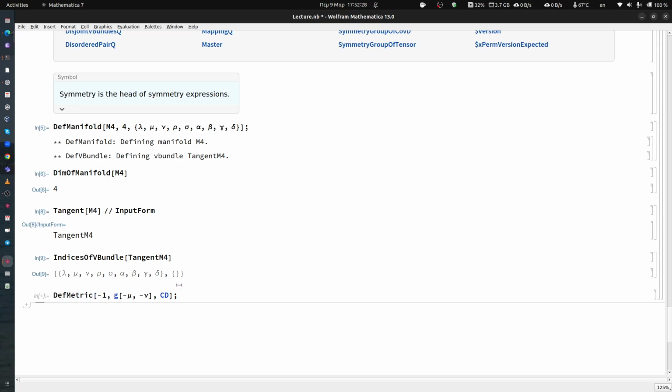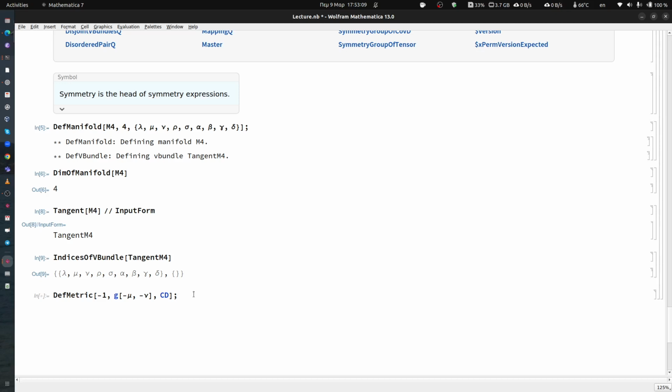And again, the most basic usage, if we want to have a metric here with an associated covariant derivative CD, which is a Christoffel connection, that means compatible with the metric and torsion-free, then all we have to do is provide those three arguments. -1 here corresponds to the sign of the determinant of G. So if we want to use the Minkowski signature for our metric, this is taken to be equal to -1 in 4 dimensions, of course.